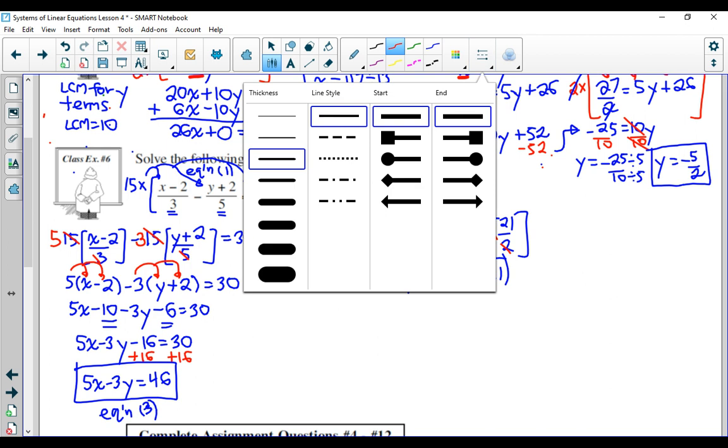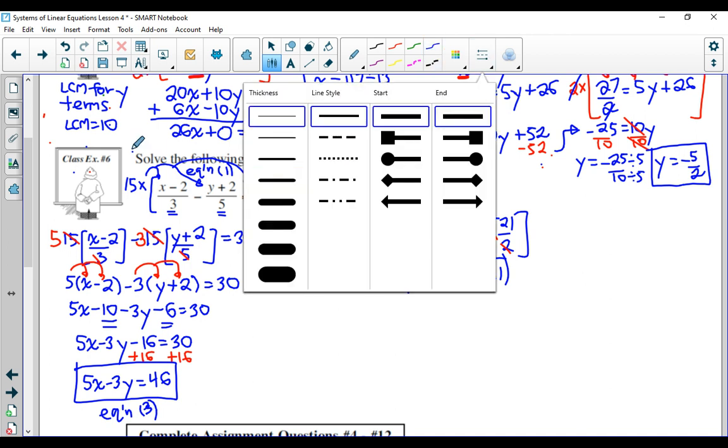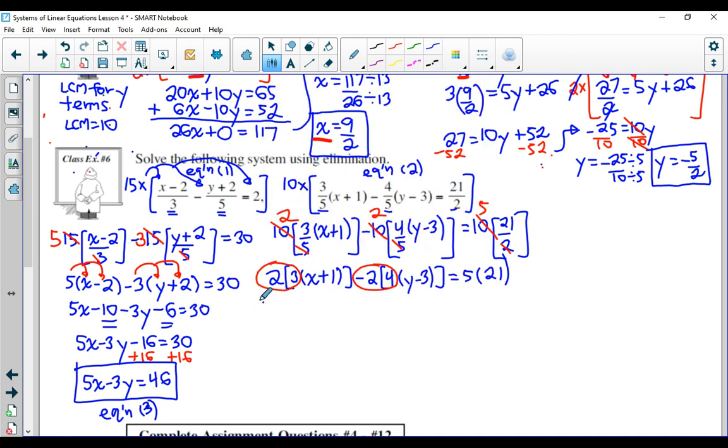Okay, in terms of the order of operations, if we're using distributive property, I'm going to combine this 2 and this 3, and this negative 2 and this 4 through multiplication. So this would be 6, and then x plus 1, minus 8, y minus 3 is equal to 5 times 21 would be 105.